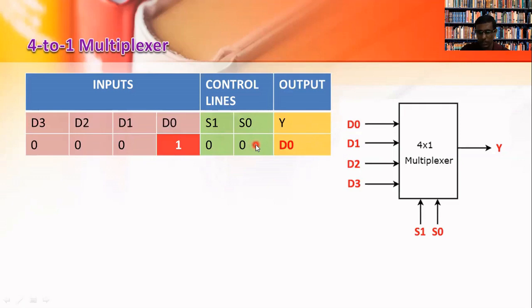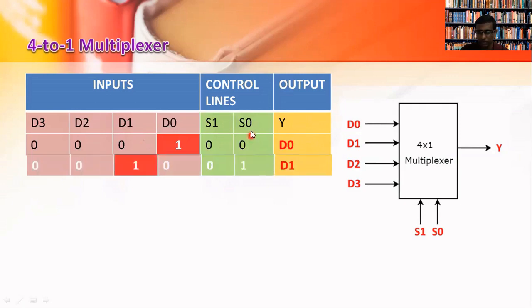When S0 is 0 and S1 is 0, we get D0 at the output. All other inputs get disabled. When S0 is equal to 1 and S1 is equal to 0, we get D1 at the output. All other inputs D0, D2, D3 get disabled.